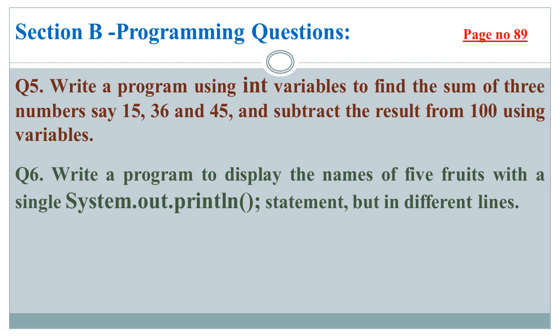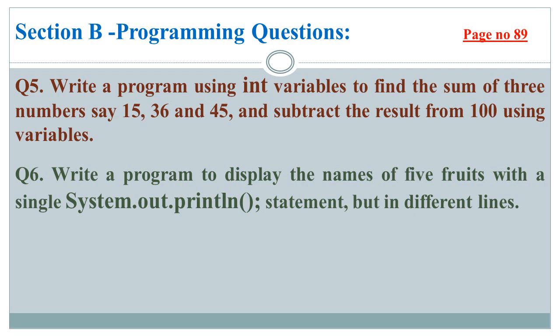In this program you have to take 5 variables. 15 will be assigned in the first variable, 36 in the second variable and 45 in the third variable. And in another variable you have to add all the 3 variables and assign. And in the last variable you will subtract the addition of all the 3 numbers from 100.